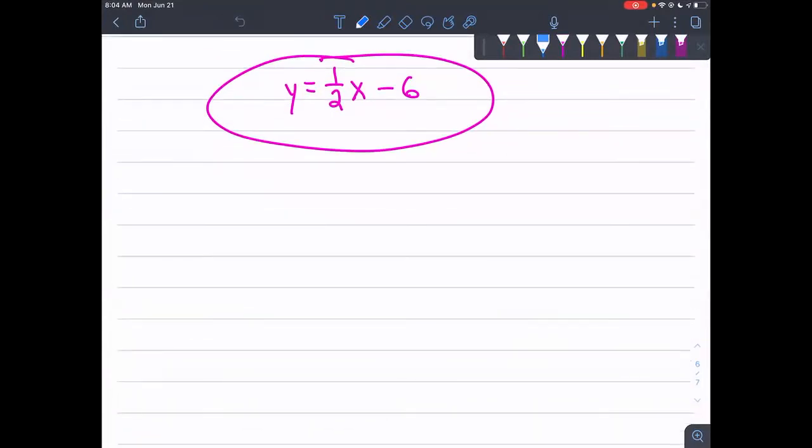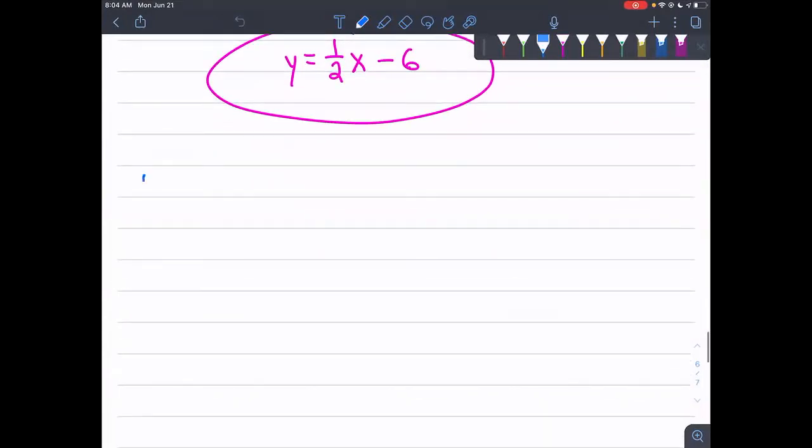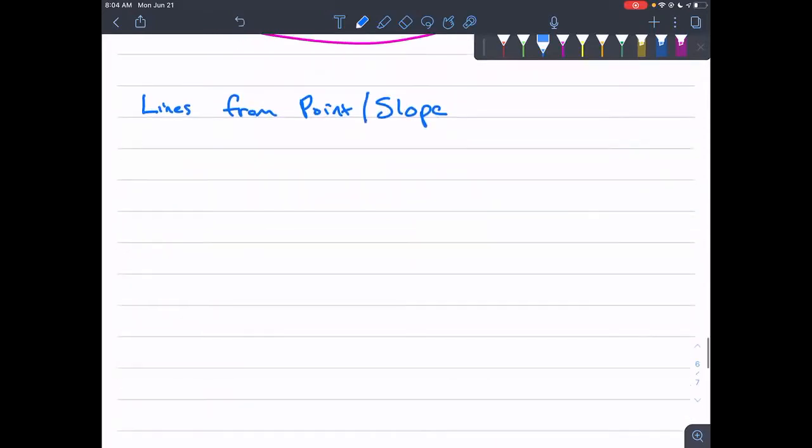Lines. Let me know if you can't see any of this. Lines from point slope. There's two sections in Deltamath that I'm going to cover sort of simultaneously here.